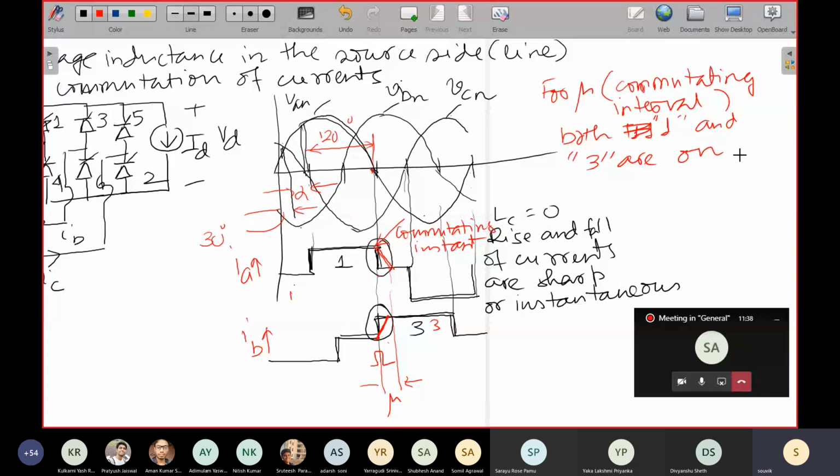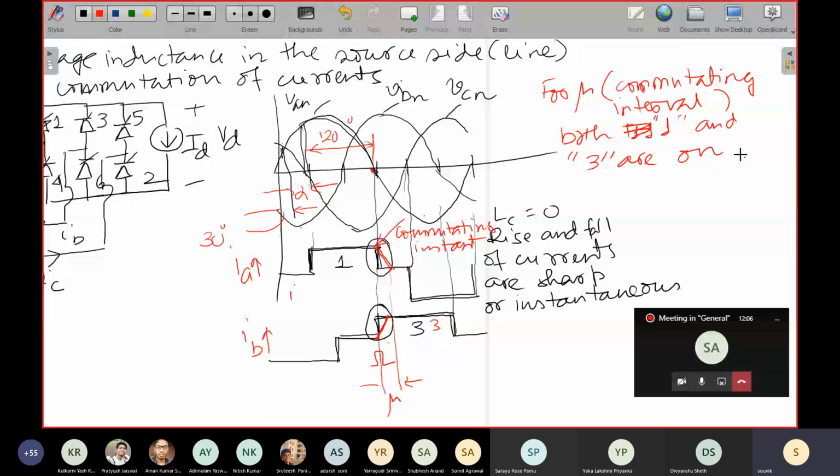I am just taking this as an example. Every transition will have such things happening. But we are now focusing our attention on this instant and going into details to see what is happening: what will be the slope, what will be the voltage drop, and what will be the rectified voltage VD at that time. All those issues we will now determine. But understand that this kind of transition is there.